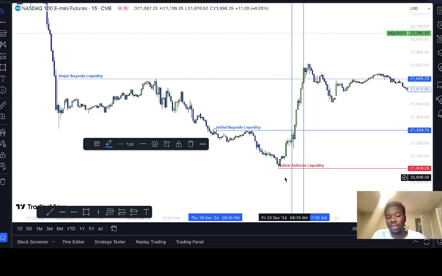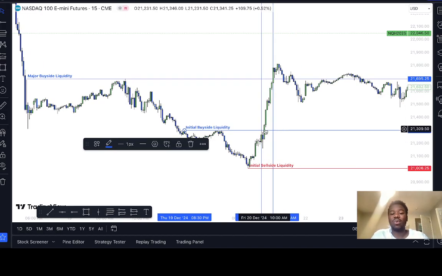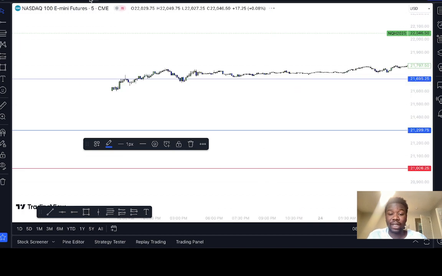Okay, so we have our sell side, we have our initial buy side. Because what can happen as well is price can go into this initial buy side, then turn around, and then we have our major buy side. If you're trading with partials, obviously you would take one partial off here and then there. But let's go down into the lower time frame so you guys can see how I form my trades.